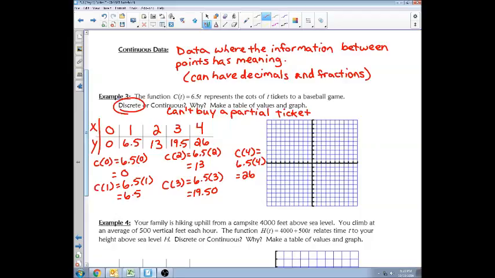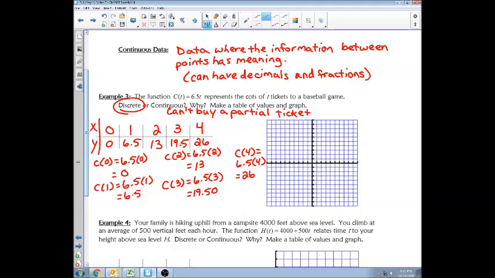So when we're talking about continuous versus discrete, and we say that they can have decimals with the continuous, they cannot have decimals with the discrete, it's really talking about the fact that I cannot have decimals in my independent variable, okay?